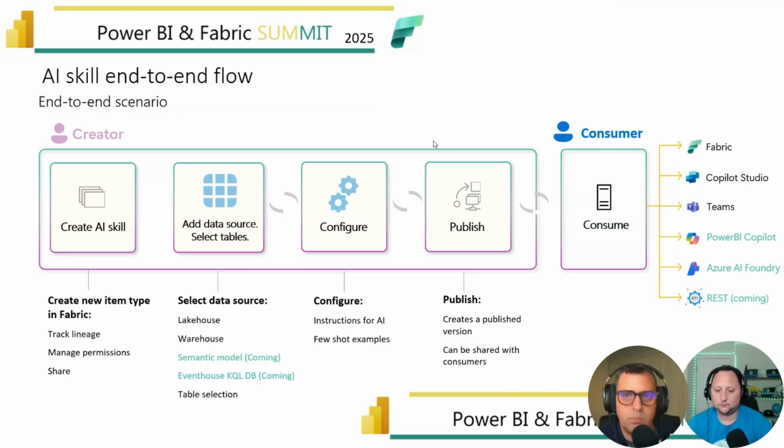You can consume this when you are creating a new agent in Copilot Studio. You can consume AI skills via Microsoft Teams and embed that in your Teams channel. You can embed that in a Power BI Copilot experience or Azure AI Foundry as well. Let's say that you're creating a web application in your organization, and you can consume that endpoint of the AI skills via a REST API that is coming soon as well.